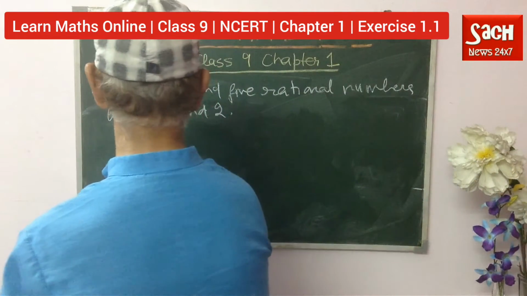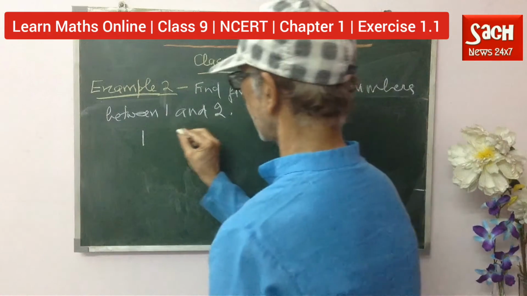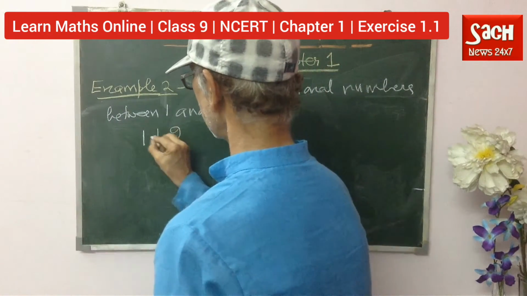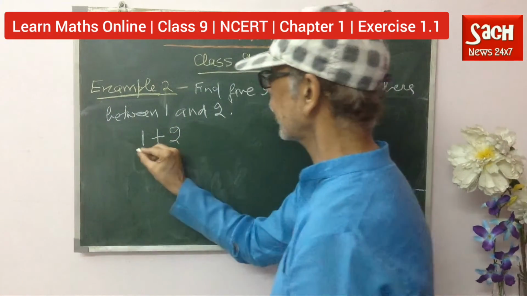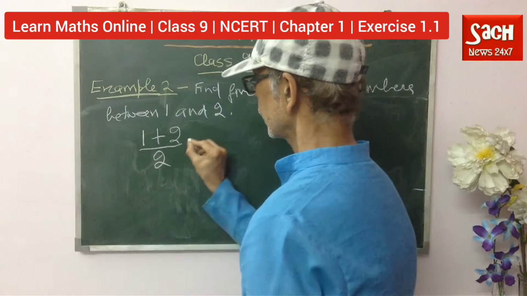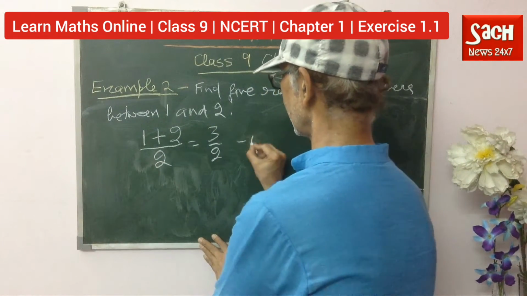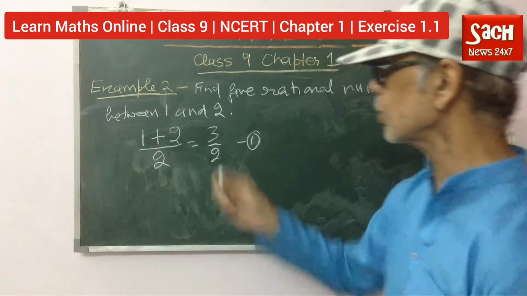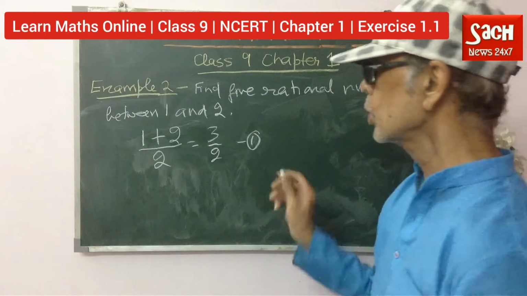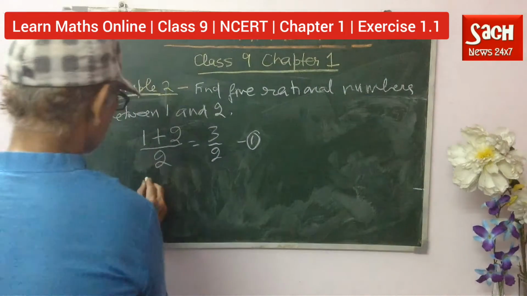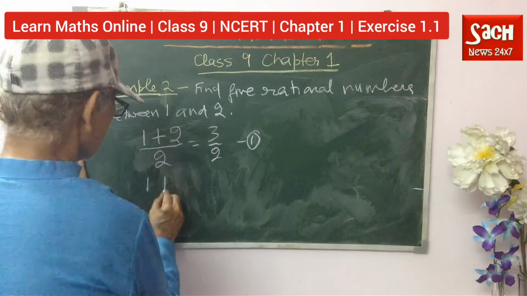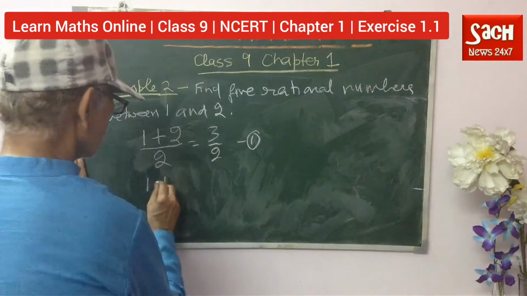Write here 1 and write 2, add them, 1 plus 2, and divide by 2. What will it become? It will become 3 by 2. This is the first number between 1 and 2. Divide by 2. Same, take another number, say 1, and find one between 1 and 3 by 2.